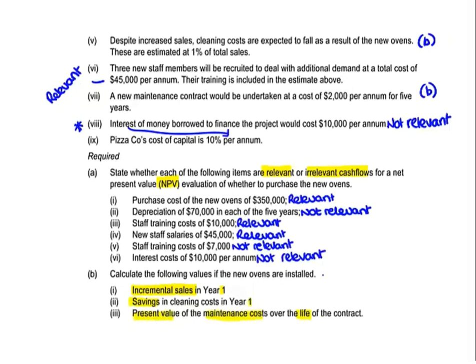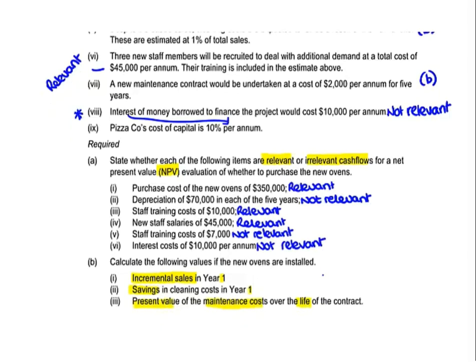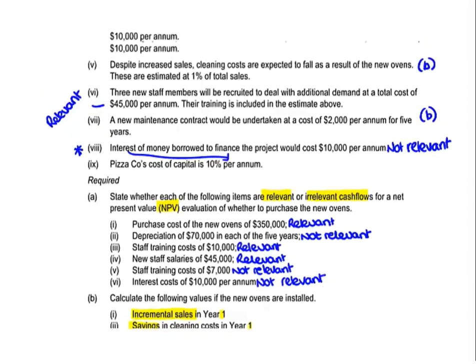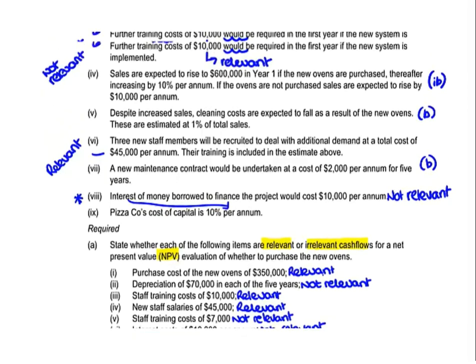Now in part B, we can do the calculations for the incremental sales. So what extra sales are we going to get as a result of having these ovens? Well, we need to refer back to this note up here, to note 4. Sales are expected to rise by 600,000 in year 1 if the ovens are purchased, thereafter increasing by 10%.